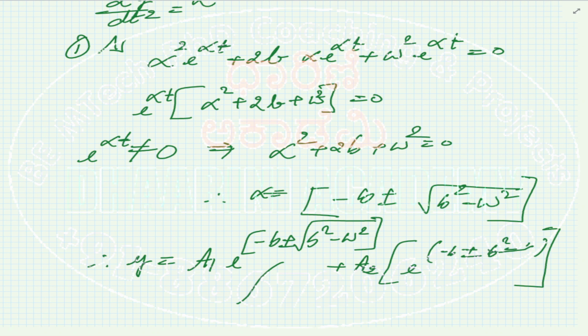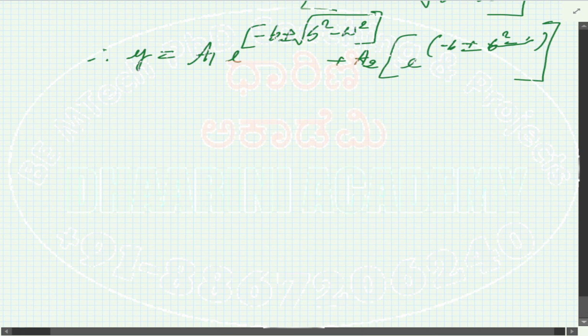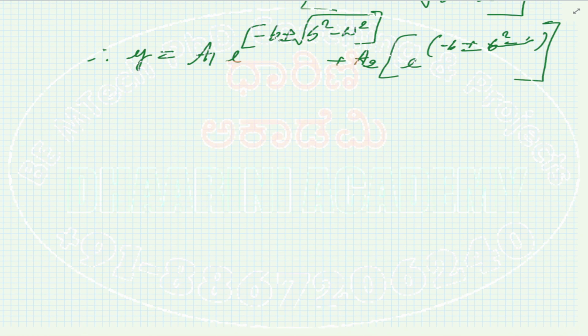So that's the partial answer we are getting now. In this case a1 and a2 are the constants.